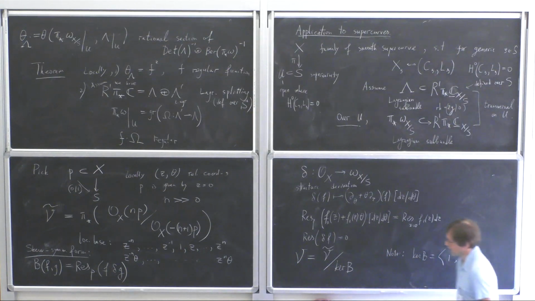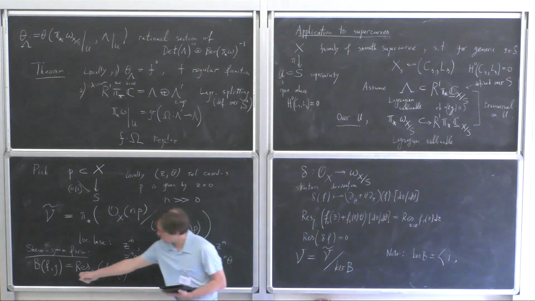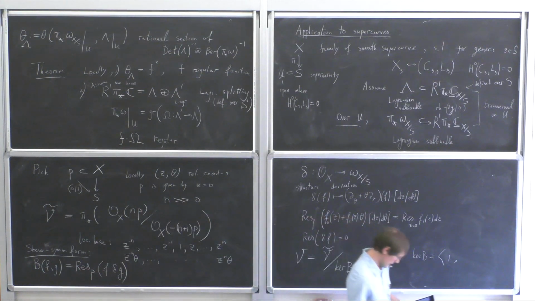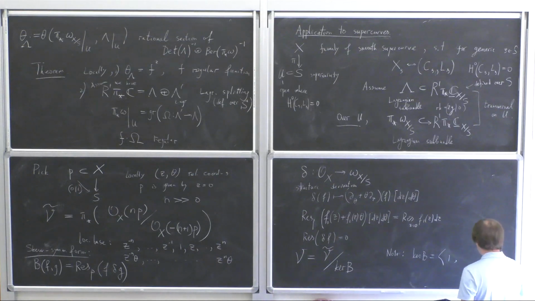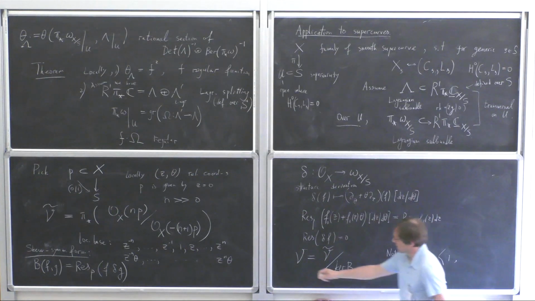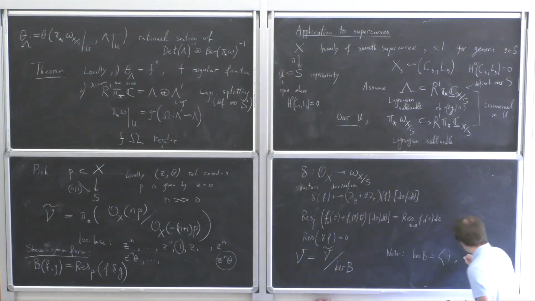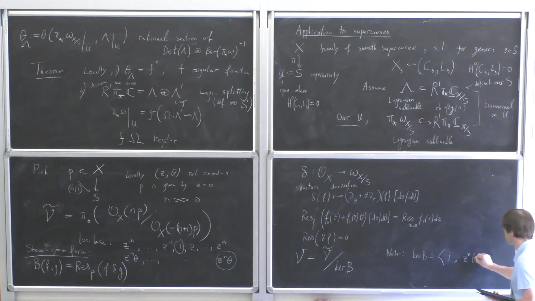So it's clear that, for example, if you plug 1 instead of G, then you always get 0. And a little less obvious is if you take the biggest one. So these two die out. If you take z to the n theta, this one also dies out.